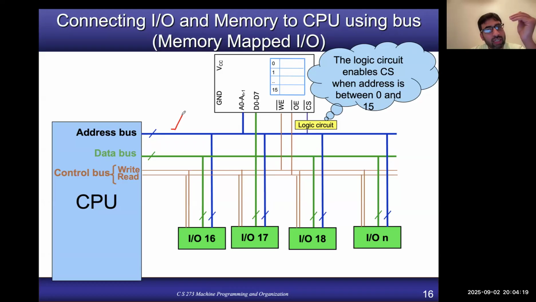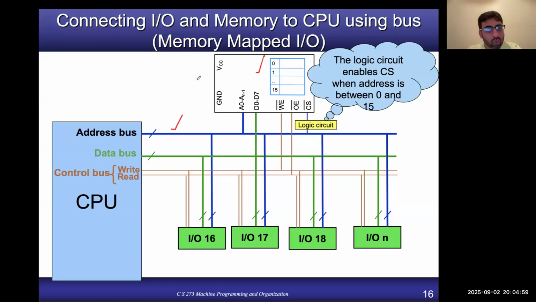It should work like this: if the address is in the range of the memory chip, like from 0x00 to 0x0f, then this chip should be selected. But if it is not, then this memory chip should not be selected, right? Is everyone with me until this point? If you have any confusion or you think I am talking something rubbish, please let me know. Okay.